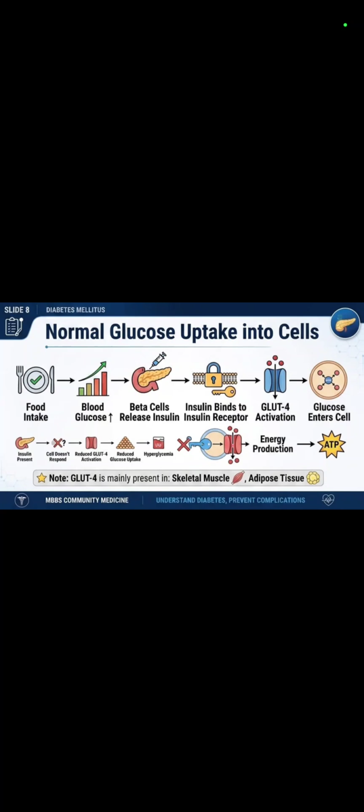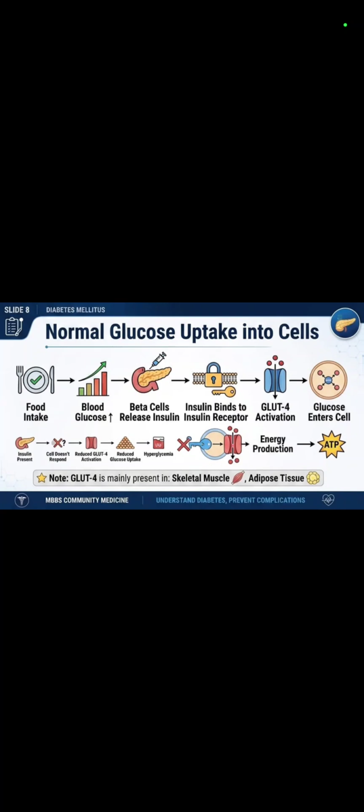Now let's understand the normal glucose uptake into the cell. Normally, whenever we take food, the food in the form of glucose enters into the blood. When the glucose level rises in the blood, it will trigger the beta cells of the pancreas to release insulin. That insulin should bind with the insulin receptors present on the cell, and that will trigger the GLUT4 receptors, which are mainly present on the skeletal muscles and adipose tissue.